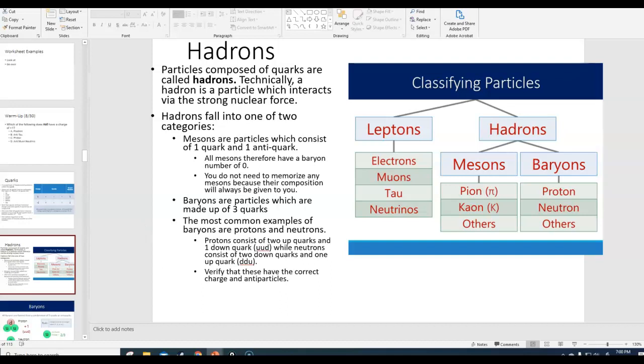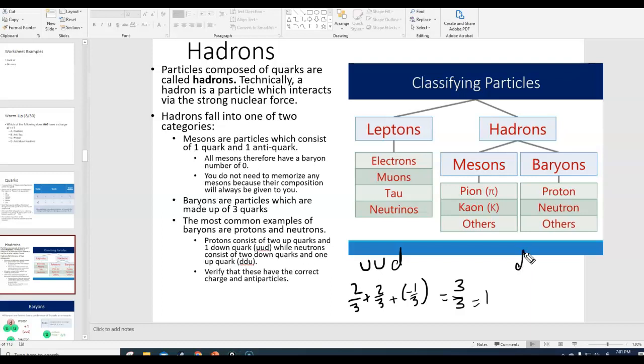Just to show you that works out as far as charge goes, remember that the up quark has a charge of 2/3, and the down quark has a charge of -1/3, and so a proton, which is up, up, down, would have an overall charge of 2/3 plus 2/3 plus -1/3, which is 3/3, which is 1.